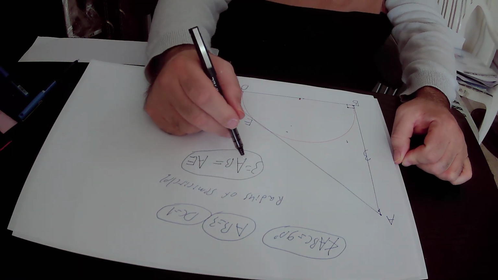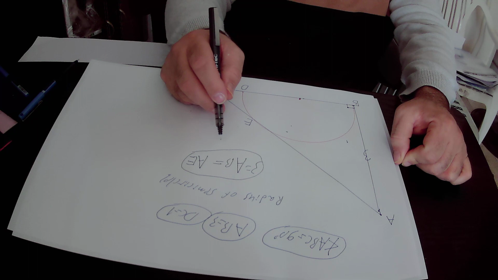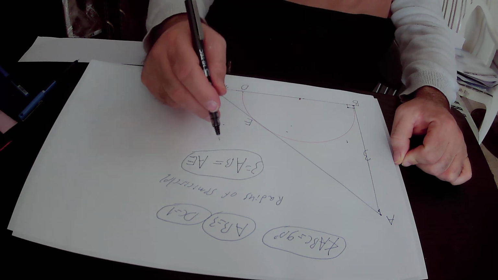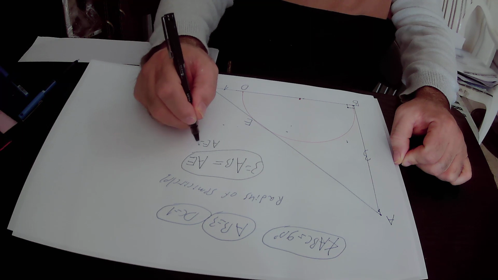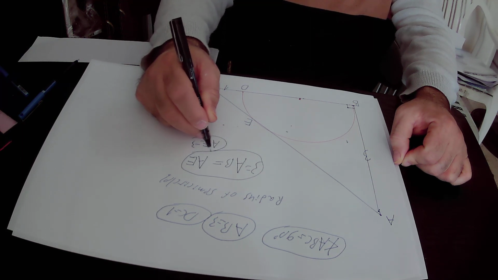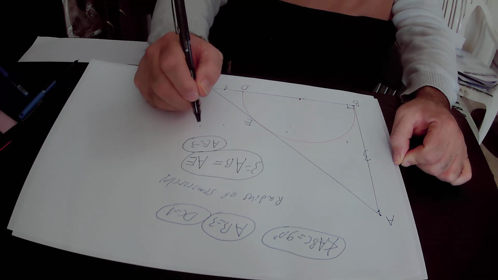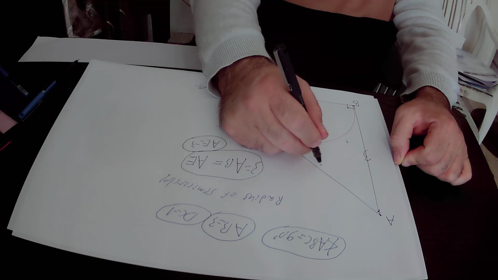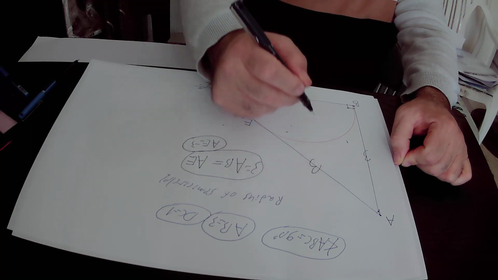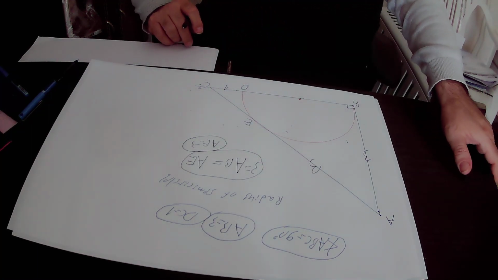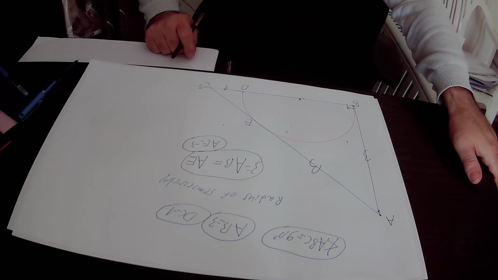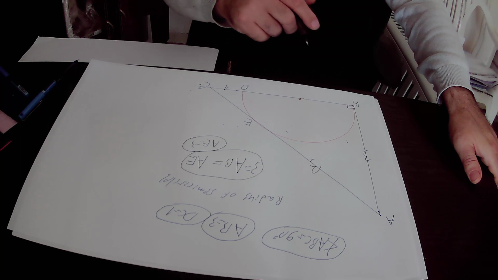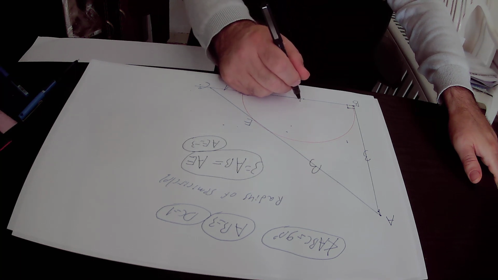But we know that AB equals 3 units, so we conclude that AE also equals 3 units. And we will define the center of the red semicircle as point O.